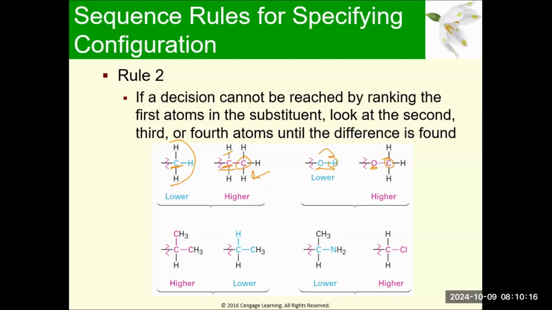Again, if I have a carbon and a carbon, they're the same. But if I reach out again, this is bonded to a carbon and a carbon, whereas this is bonded to a carbon and then 2 hydrogens. So this would have higher priority because 2 carbons are bigger than a hydrogen with 1 carbon.